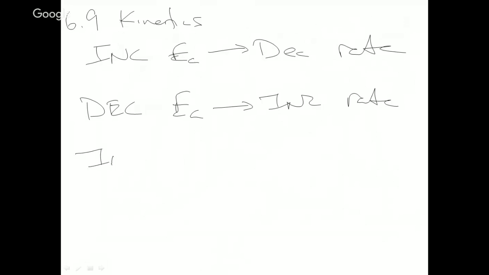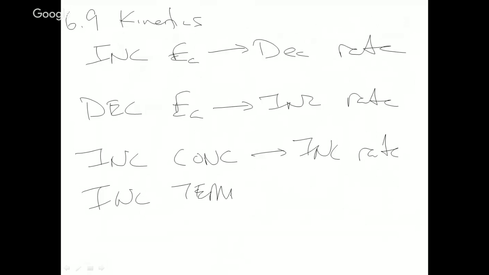If we increase concentration, CONC is concentration, we'll see these explicitly and go through some math problems. If we increase the concentration, we also increase the rate. We increase the amount of molecules in proximity. If we increase temperature, we increase the rate at which the molecules are moving around, so we increase the rate of the reaction.